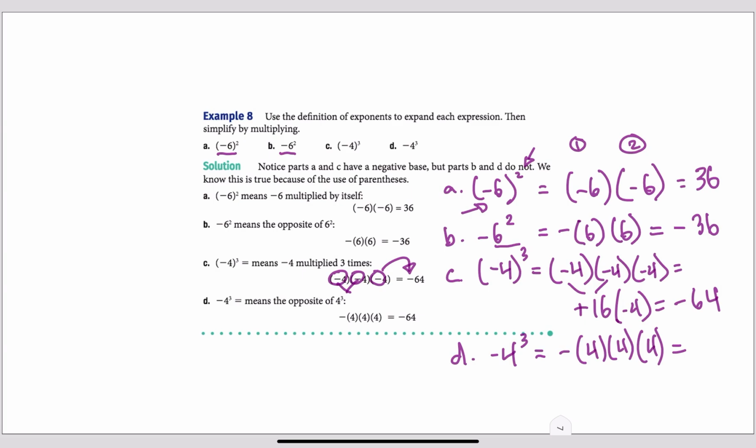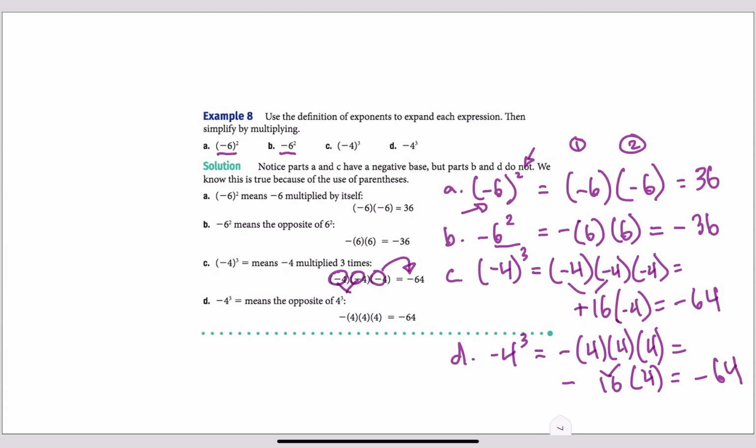And so the negative is going to kind of hang out in front, and then I'm going to have to resolve 4 times 4 is 16, still times 4. A negative 16 times a positive 4 is a negative. 16 times 4 is 64.